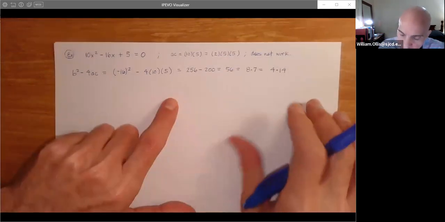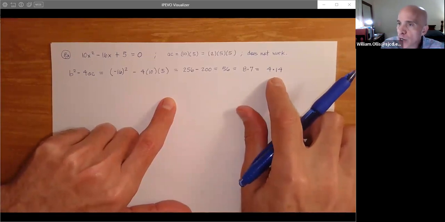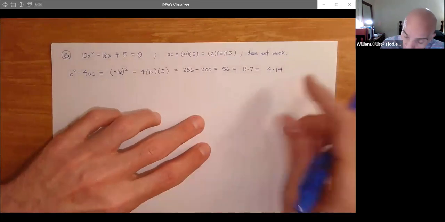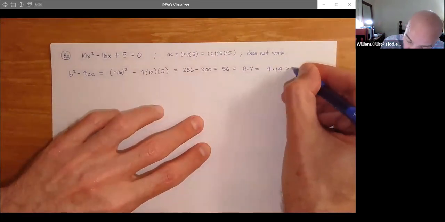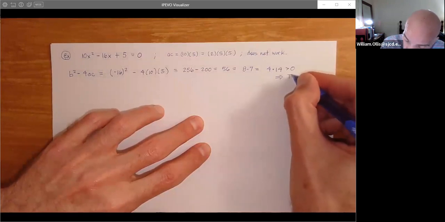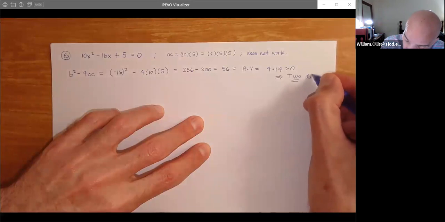Now, notice this is a positive number. When we take square roots of positive numbers, that's a real result. So notice here, this is positive, so this will imply two distinct real zeros.